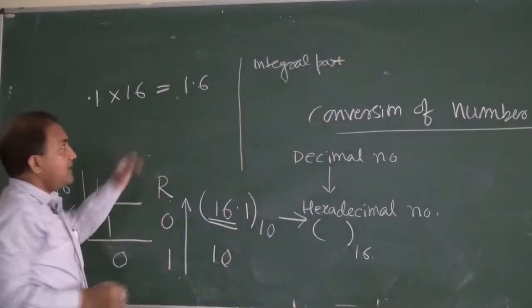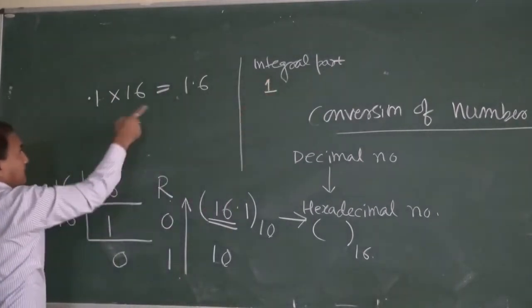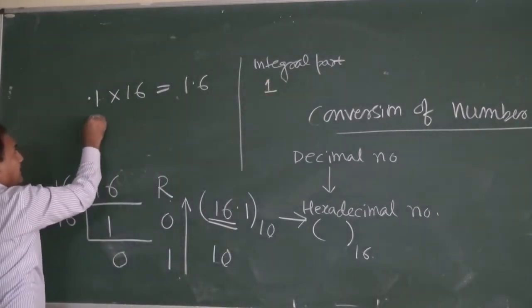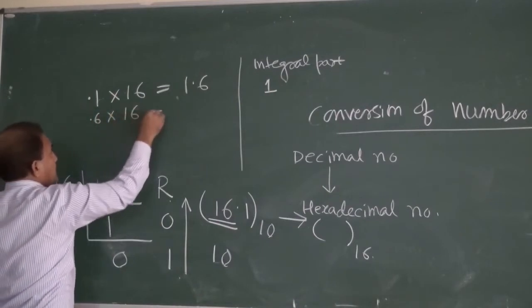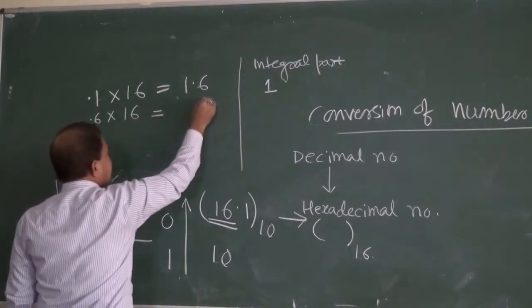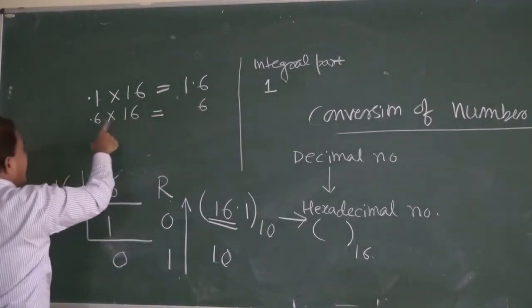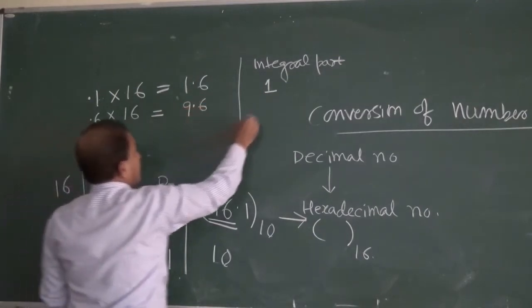The integral part here is 1. After removing the integral part, it is 0.6 times 16. So how much is it? 6 times 16, it is 9.6.